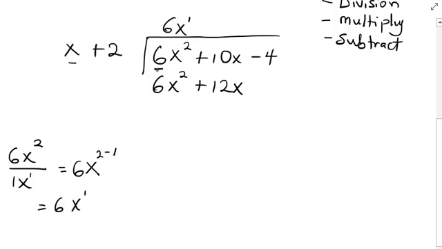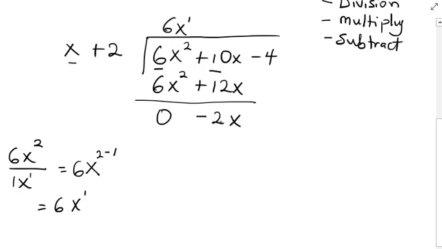So we put a minus sign here and a minus sign here as well, between each term. Then we draw a line. So 6x squared minus 6x squared is 0. 10x minus 12x: 10 minus 12 is minus 2, so that would be minus 2x.